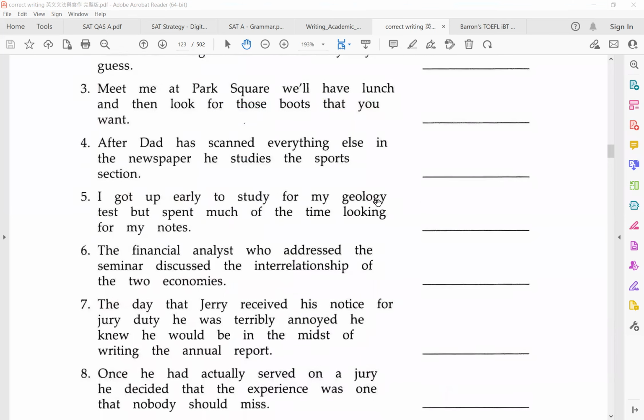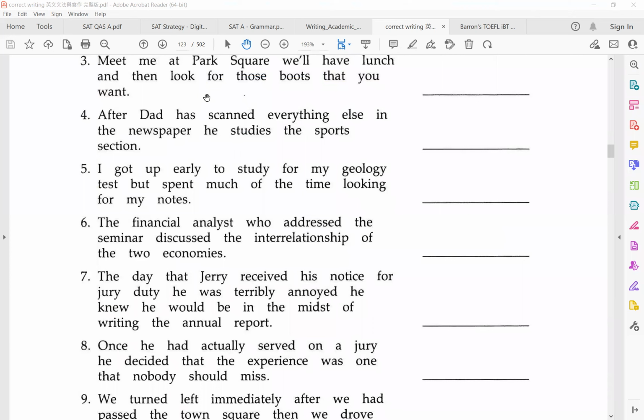So let's do a few more practice. After Dad has scanned everything else in the newspaper. So we know that after is a subordinator, right? So whenever we have a subordinator, we know that this is a dependent clause. And for adverbial clause, when the dependent comes first, we need to add a comma.